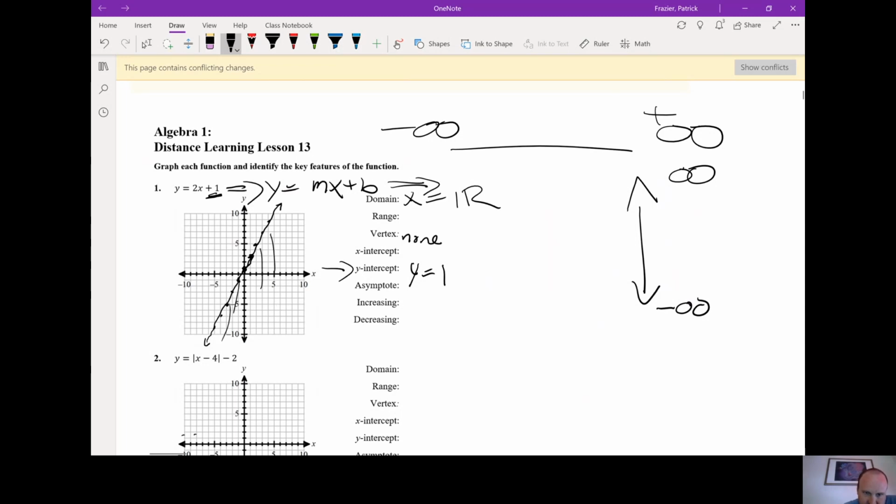As we keep moving to the right, each value produces a higher value going up. But if we went in the opposite direction, to the left, we'd keep going to a lower and lower value down the y-axis, but there's not anything that's restricted.